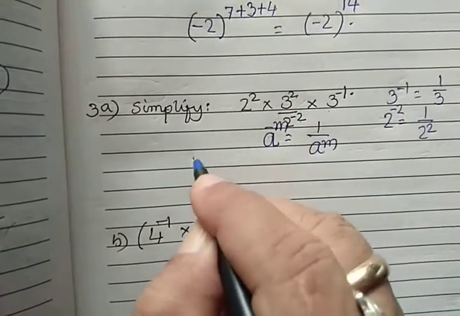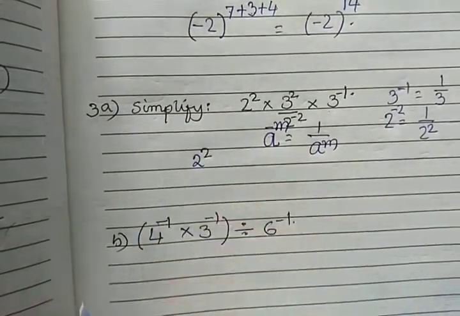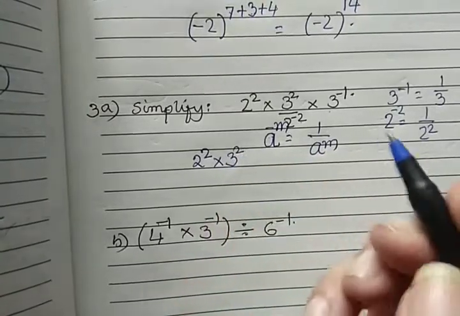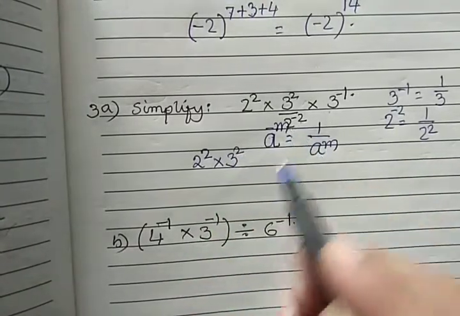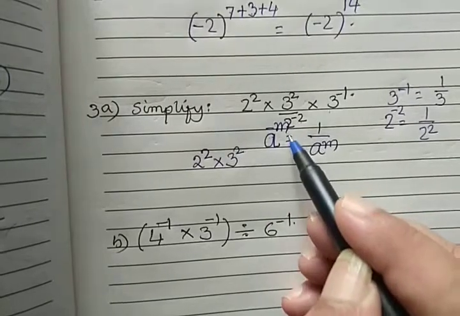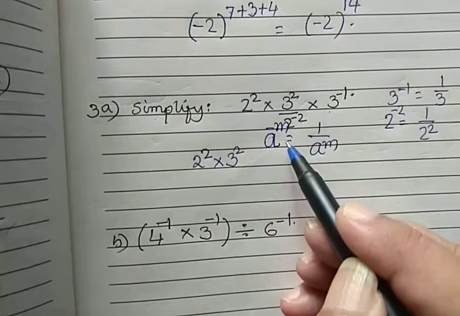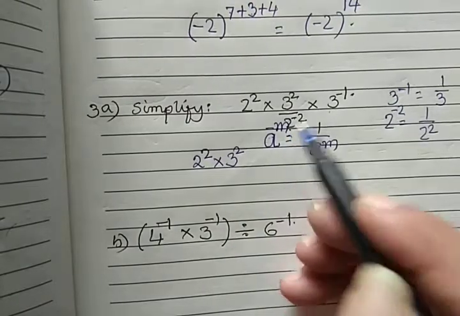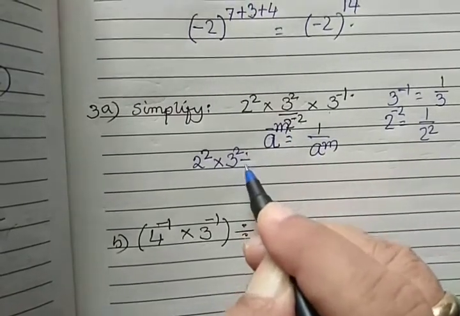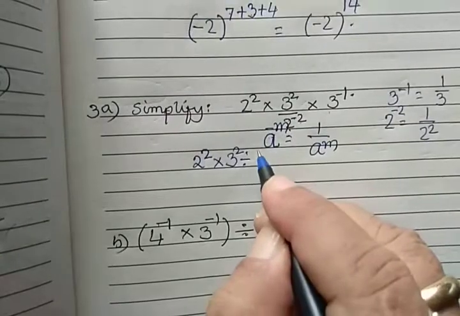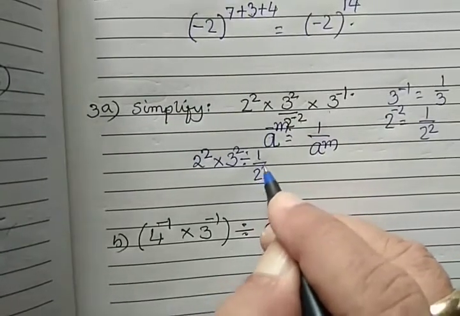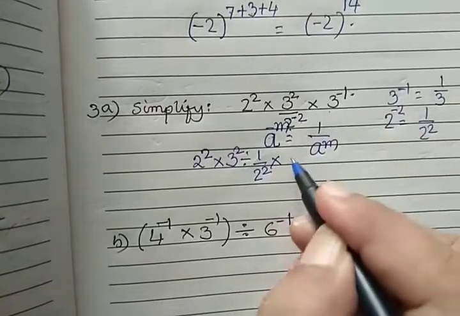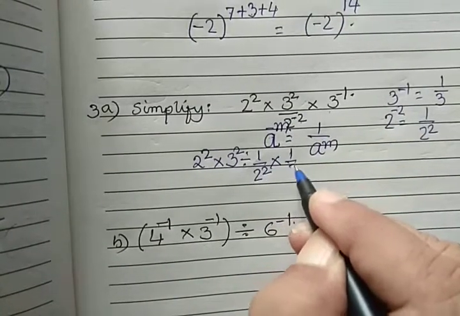2 square into 3 square. Here in the denominator you have 1 by 2 square. That means divided by 1 by 2 square into what is 3 to the power of minus 1? 1 by 3.